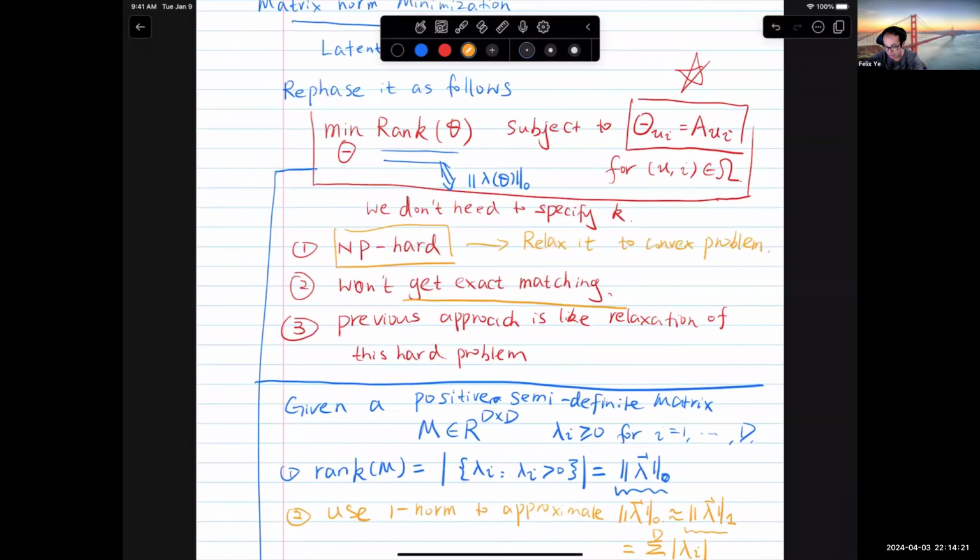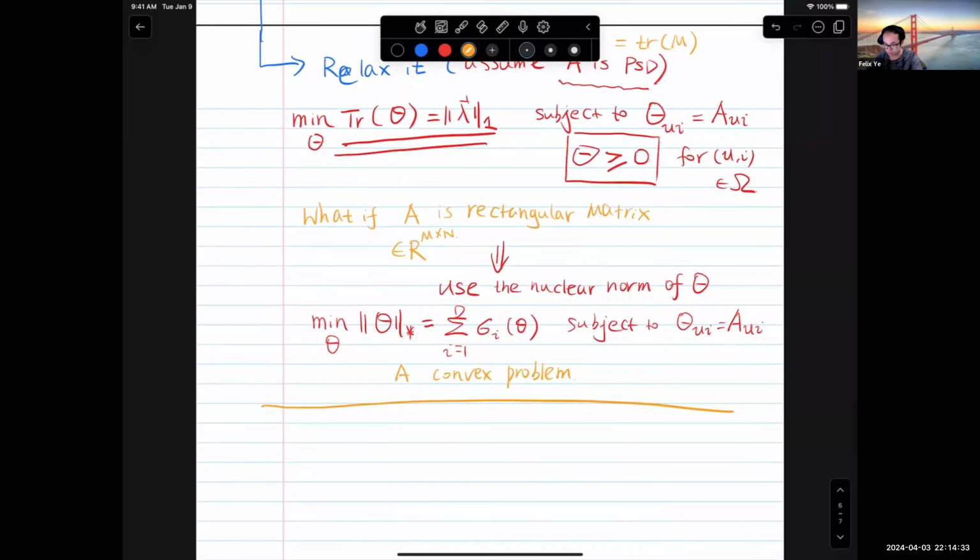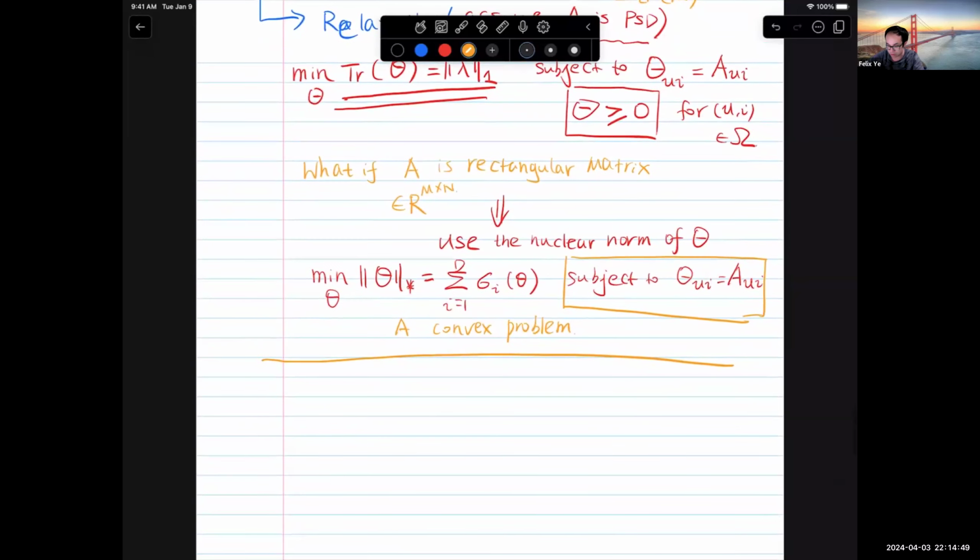Sometimes we won't get exact matchings, so we need to consider the situation where we don't have exact matchings. This constraint is pretty strict, and sometimes we want to study something without such a strict constraint, so we need to further relax.